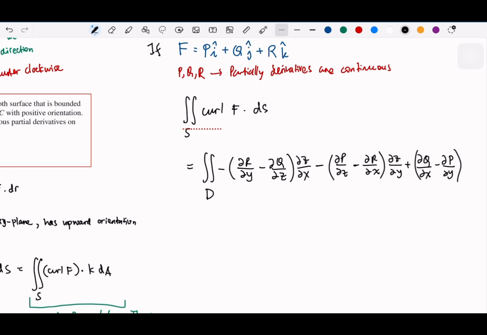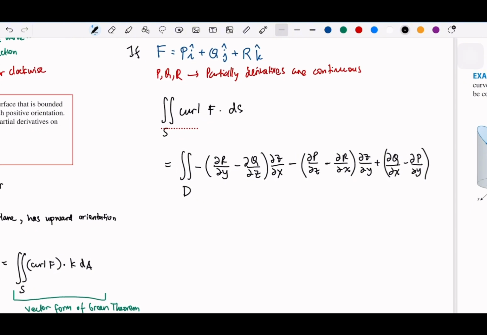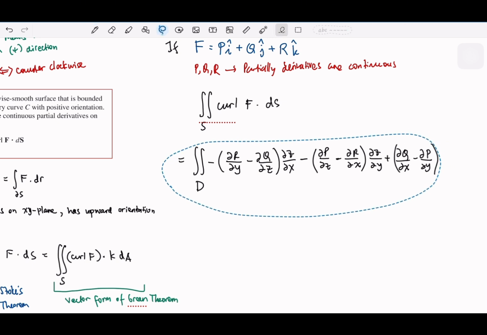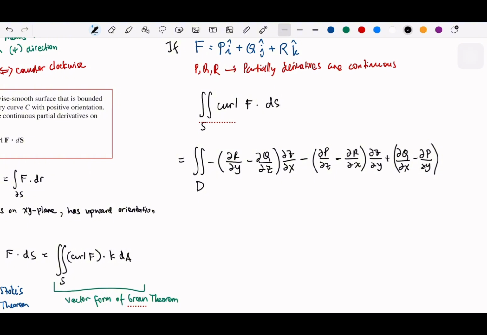And then, since we have only two variables x, y that we can partially derive, the last one is z. So we have now this. We are going to take this with respect to dA.